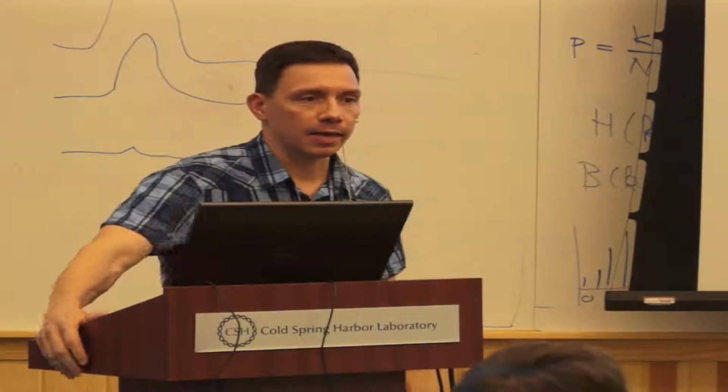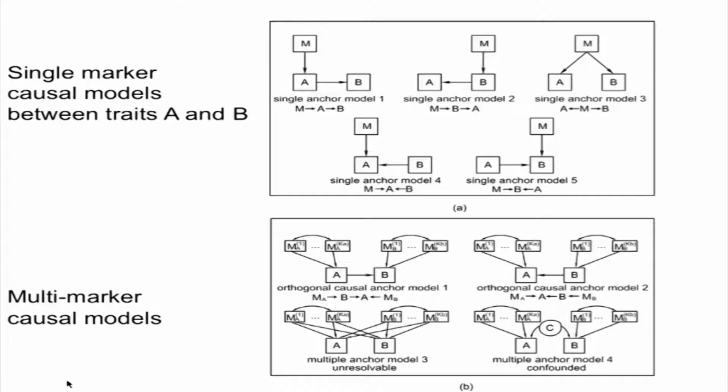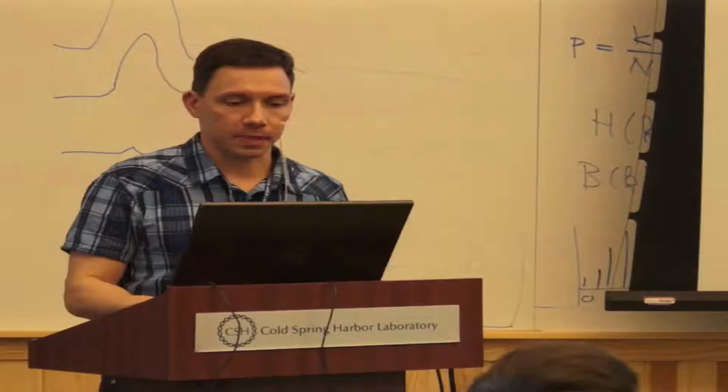They could tell you this causal model fits my data well, whereas the others don't. When you have multiple markers, you get more complicated models, but I won't talk about them.